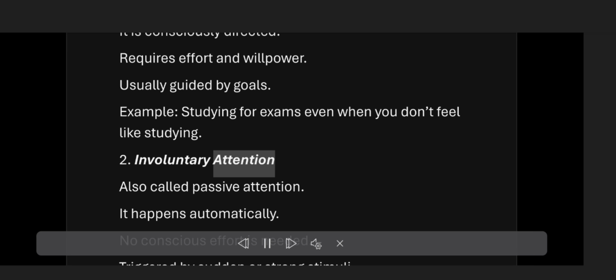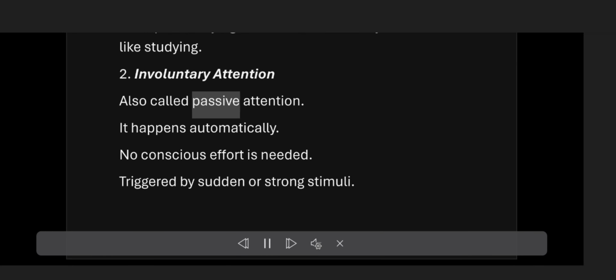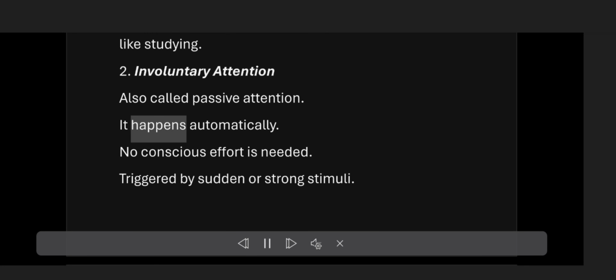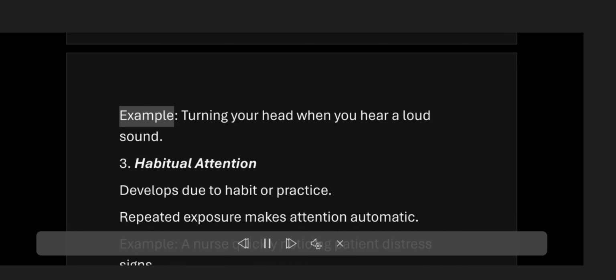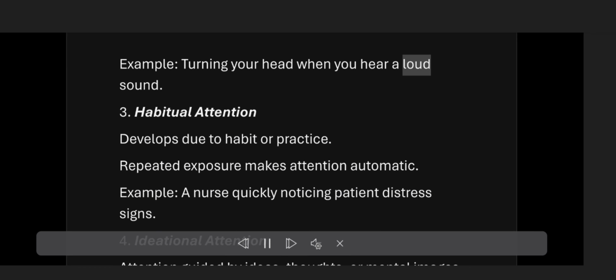Involuntary attention, also called passive attention. It happens automatically. No conscious effort is needed. Triggered by sudden or strong stimuli. Example, turning your head when you hear a loud sound.